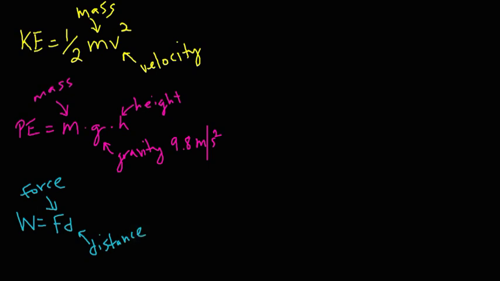All right, so kinetic energy. Kinetic energy is directly proportional to the mass of the object and to the square of its velocity. Okay, so let's say that we want to calculate the kinetic energy of a 1,500 kilogram truck, and it's moving at 50 meters per second.